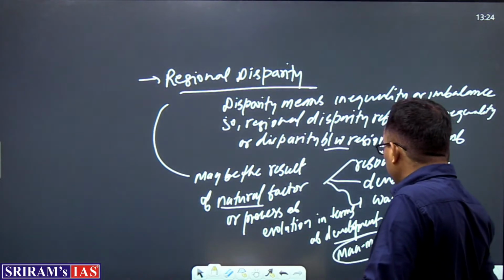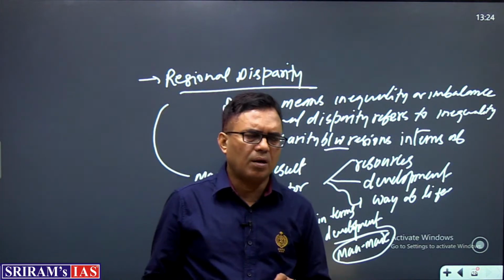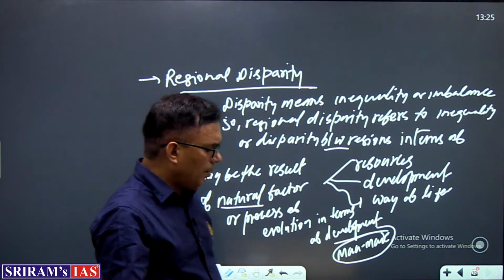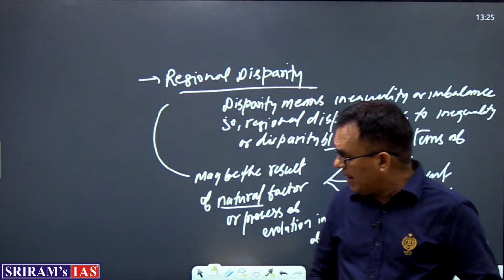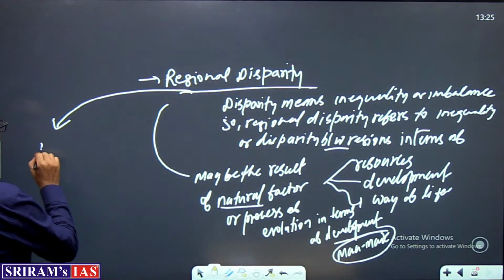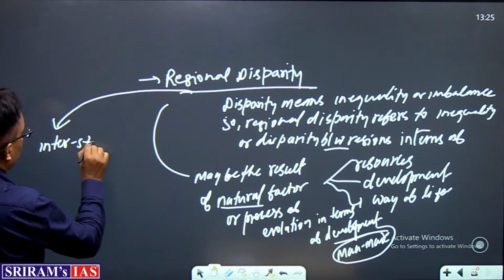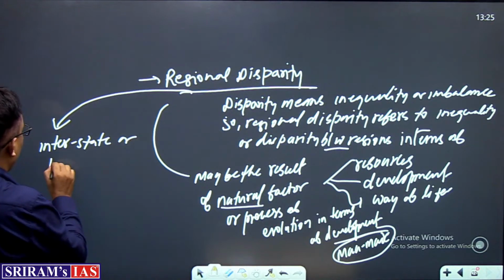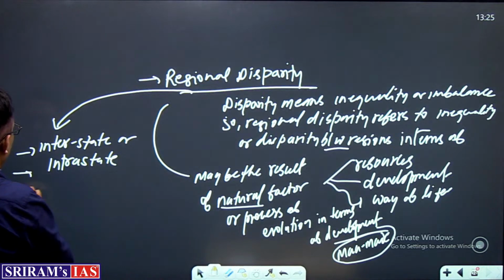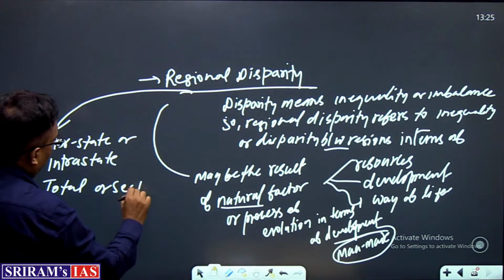So regional disparity is the result of both natural factors as well as man-made factors, and this disparity can be found in terms of interstate or intrastate, or in terms of total or sectoral.